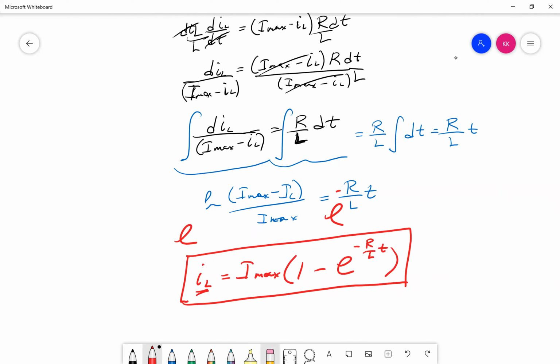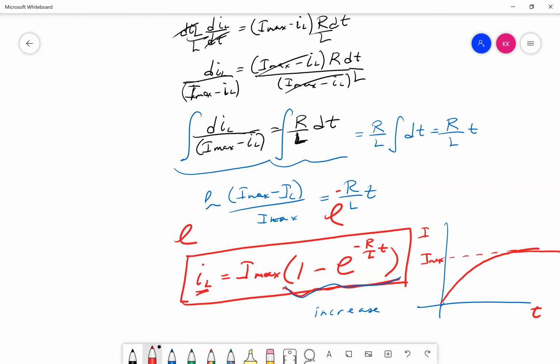What I have in the parenthesis is the format of an increase of current as a function of time that will have a shape like this. That's why the graph looks like that, where this is my Imax. Eventually it will reach Imax.